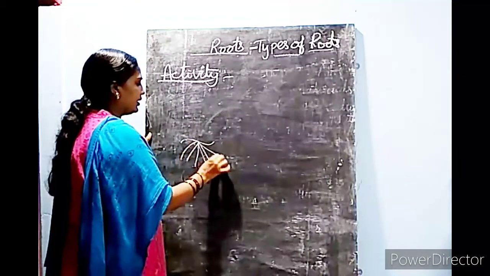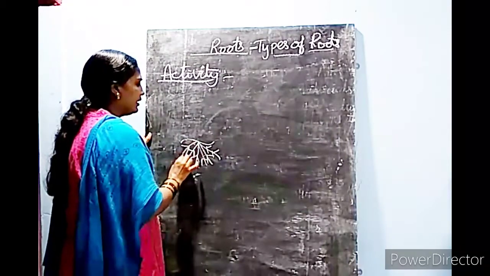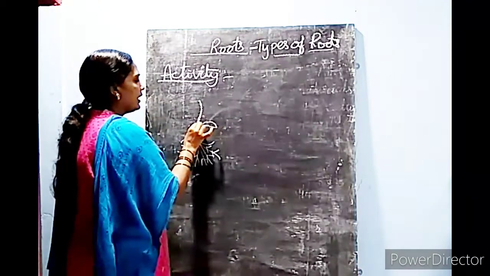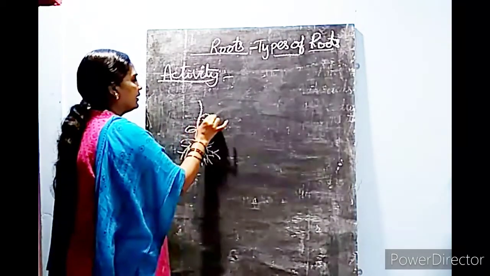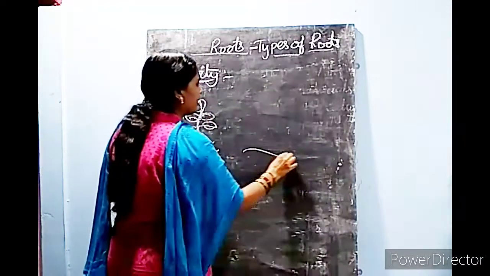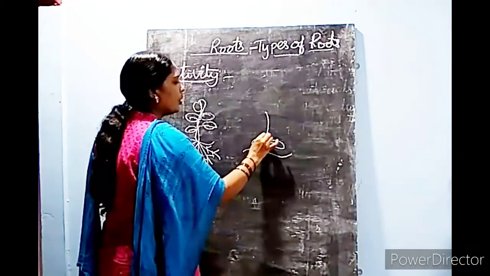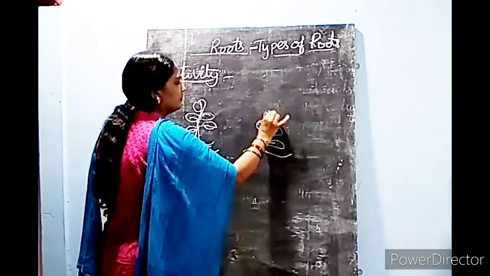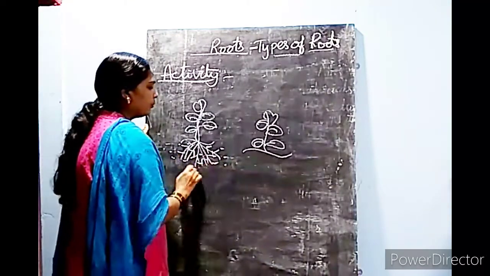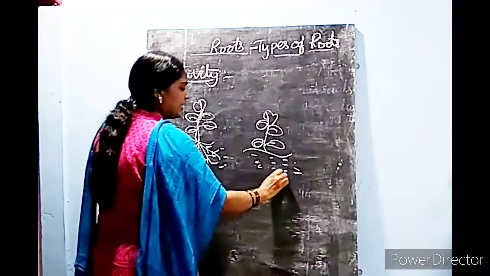One plant, you are leaving the roots the same way, not disturbing the roots at all. In the other plant, you are going to cut the roots. There are no roots for this plant. You removed all the roots of this plant and you planted both in the soil, and named them A and B.